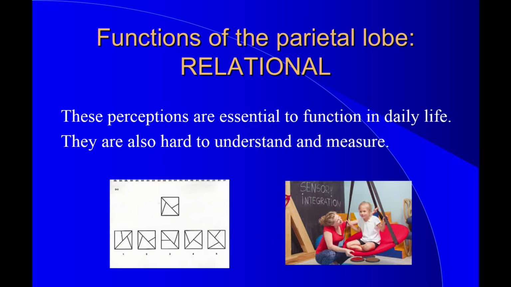So these perceptions are really important for daily life function, but they're hard to measure. And essentially in a 2-year-old, we don't have anything to measure. As children get older, as a routine in the cerebral palsy clinic, we will look at people's ability to use complex vision and determine which of these match. But you need to be a little older before you can really get assessments that give us information.